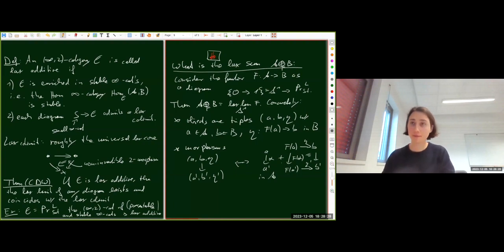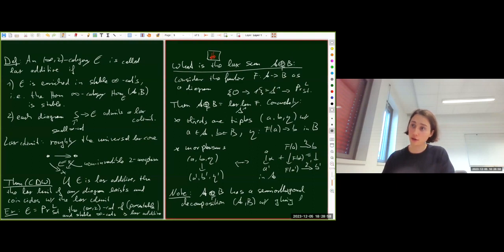And so let me make a remark. This category A plus_f B has a semi-orthogonal decomposition into A and B with gluing functor f.